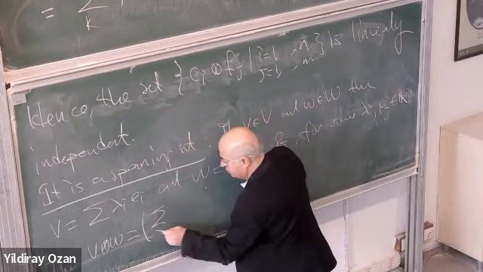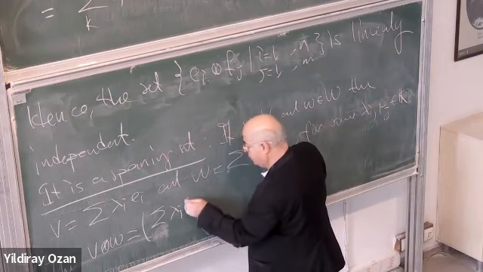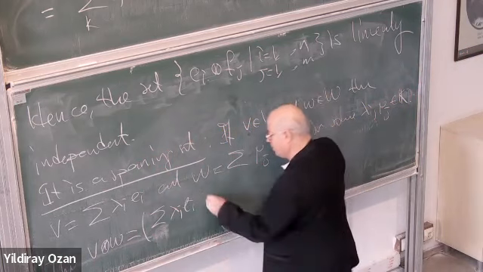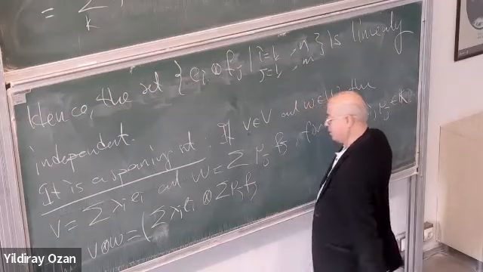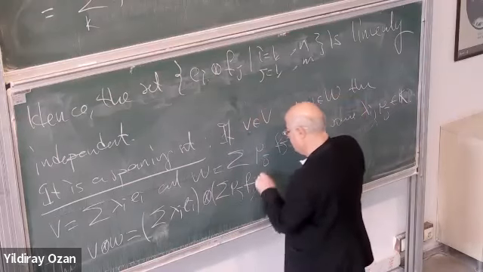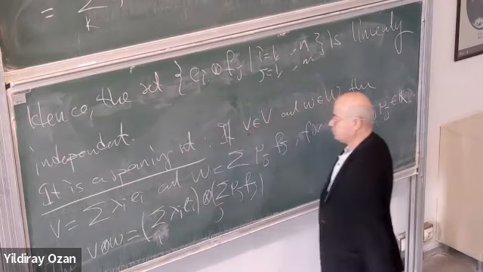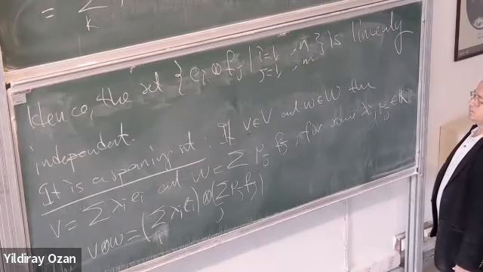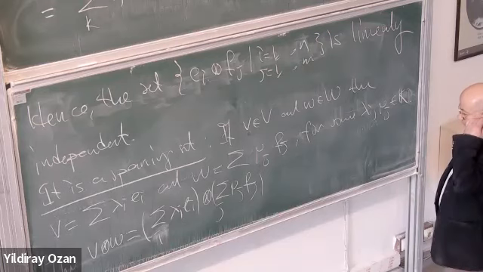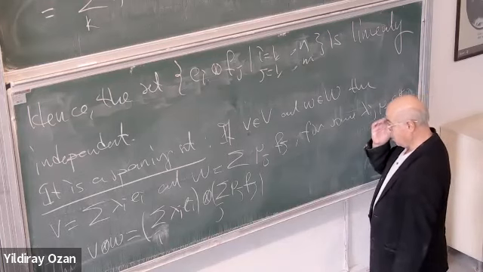Well, it is, sorry, the sum of lambda i E_i tensor the sum of mu j F_j.